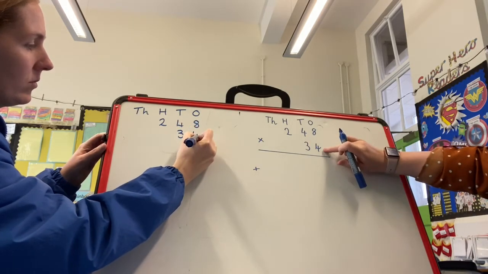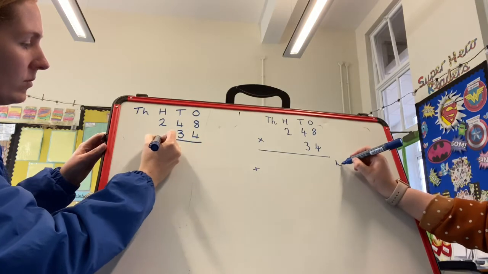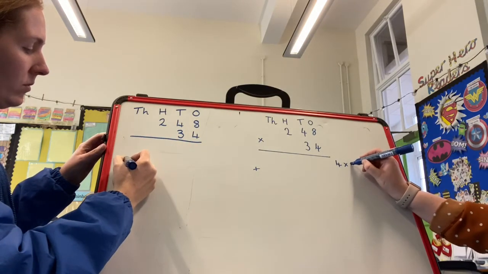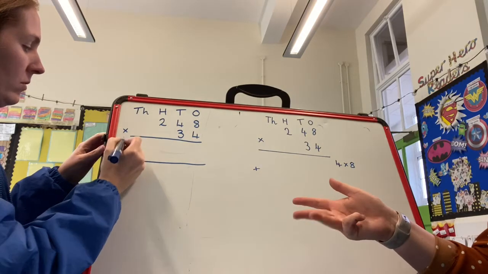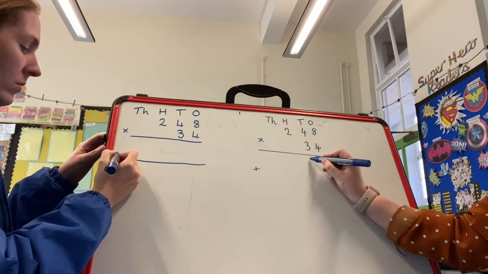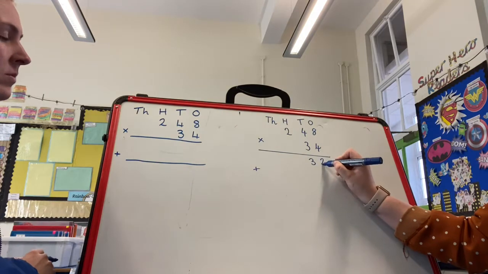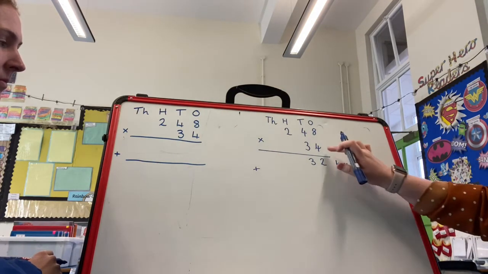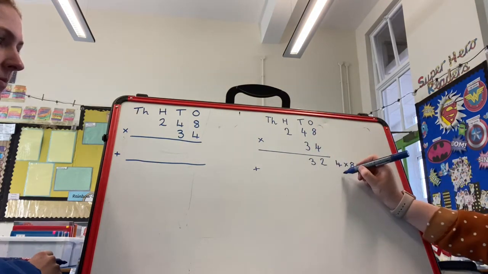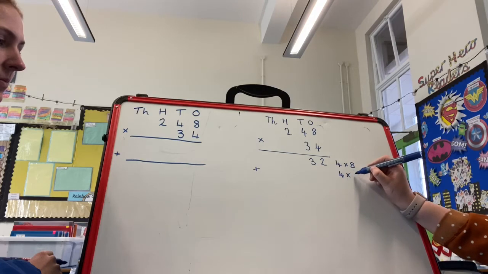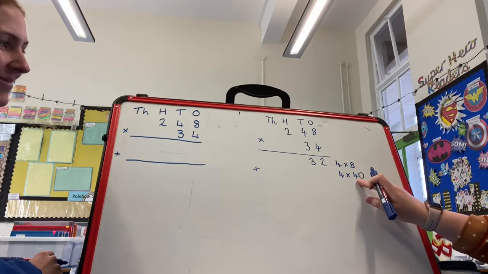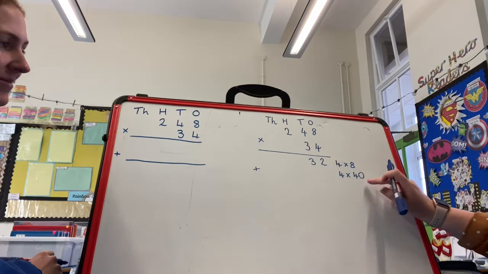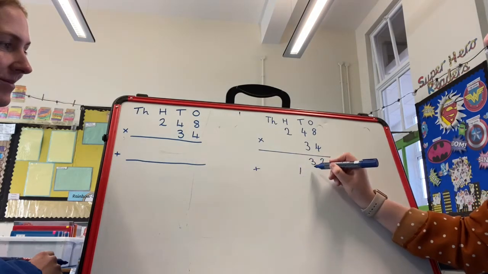So I'm going to do 4 times 8. 8, 16, 24, 32. Then I'm going to do 4 times 40. I might run out of board for this question. So 4 times 4 is 16, multiplied by the 10 is 160.